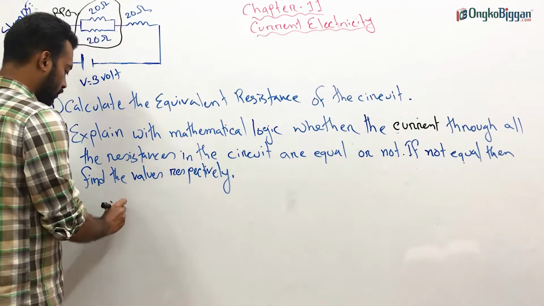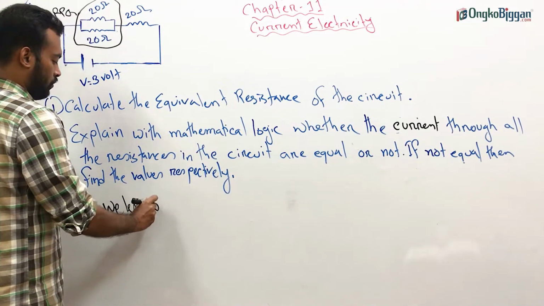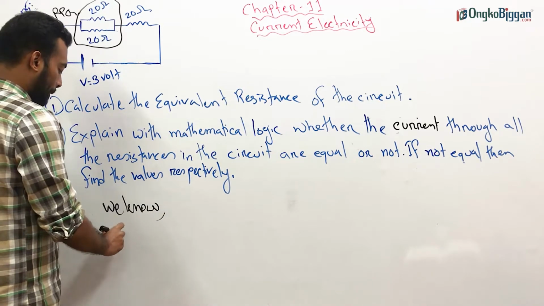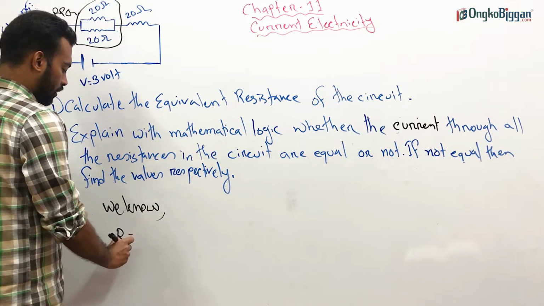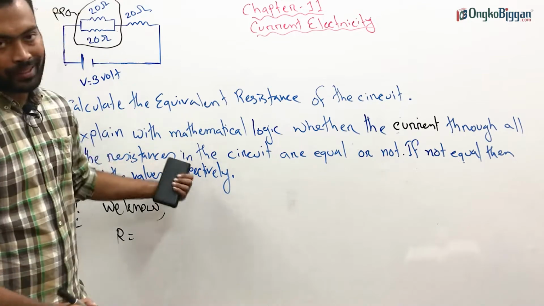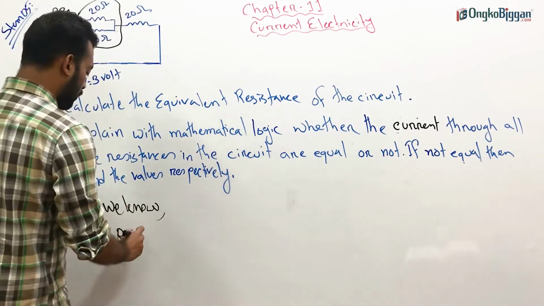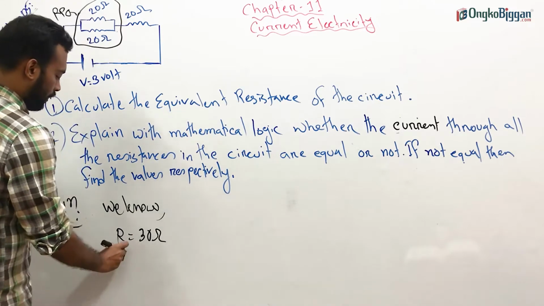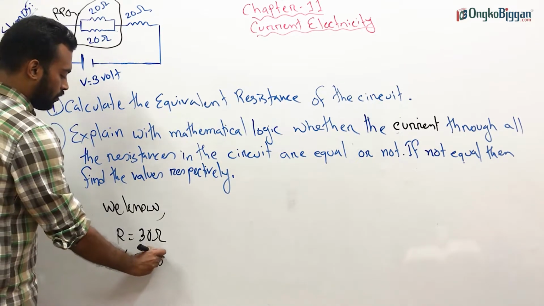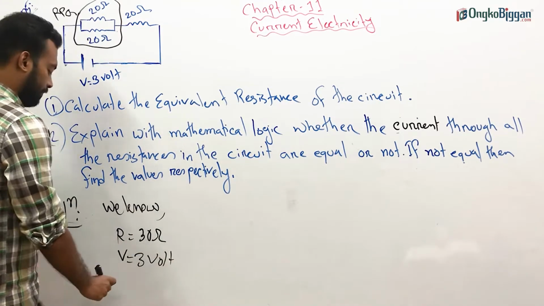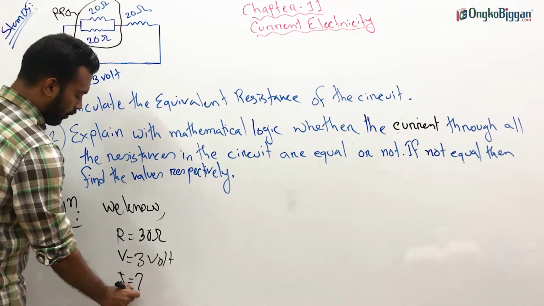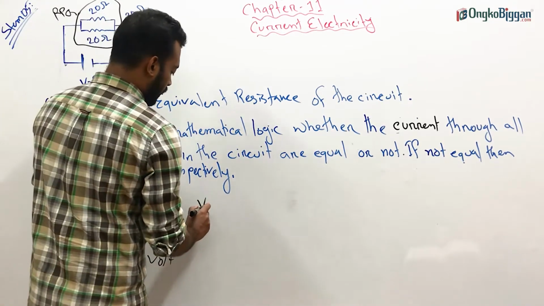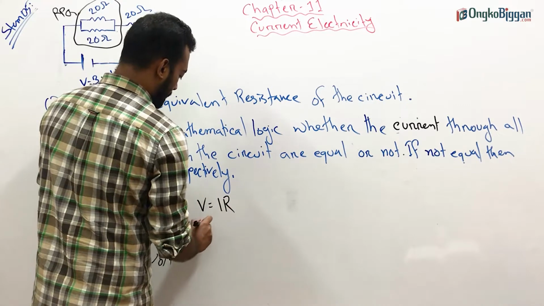We know that the equivalent resistance, from the previous question, is equal to 30 ohm. V is equal to 3 volt, and let's find out what is I. So we know that V is equal to IR.